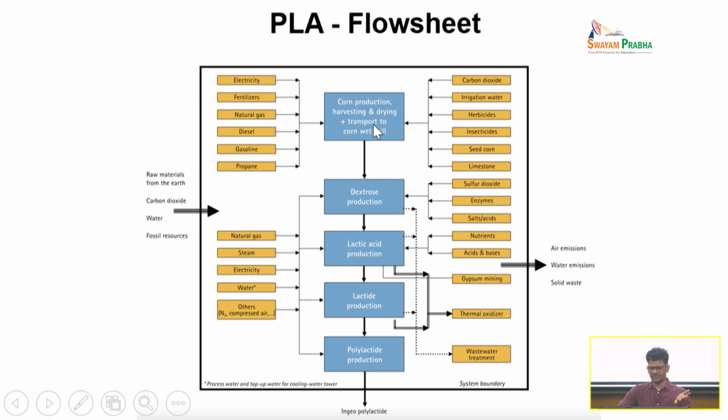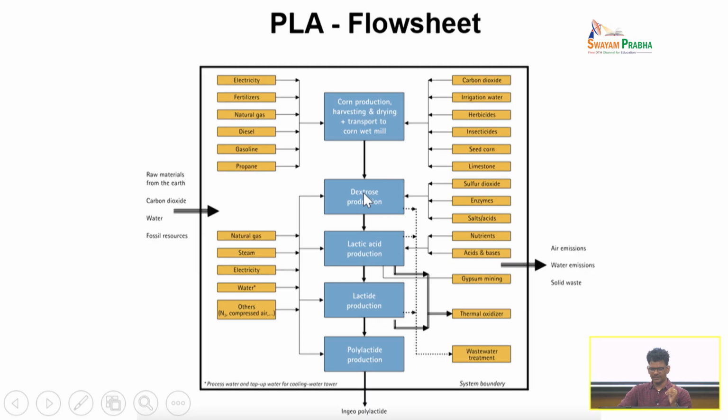production, harvesting, transport. You also need other things like, for example, carbon dioxide, irrigation of water, herbicides, insecticides, seed corn, limestone. So that means in the agriculture process of creating corn production, everything that goes in is actually accounted in this particular analysis. As much information as you know, you can put it up there. Okay, so that means you have to really know what it takes to produce corn.